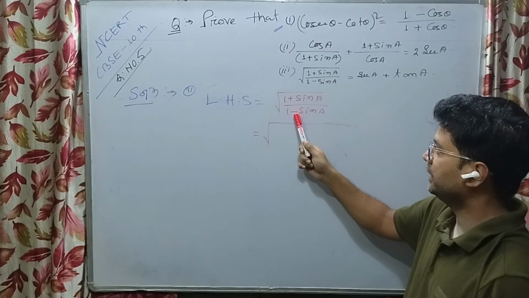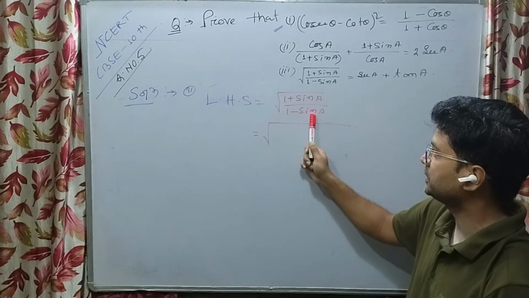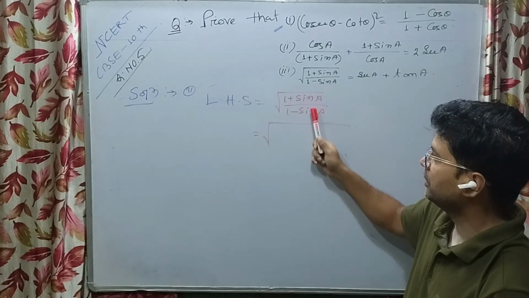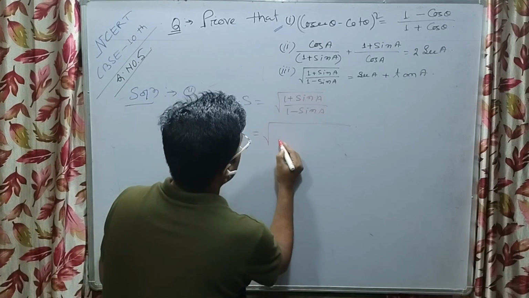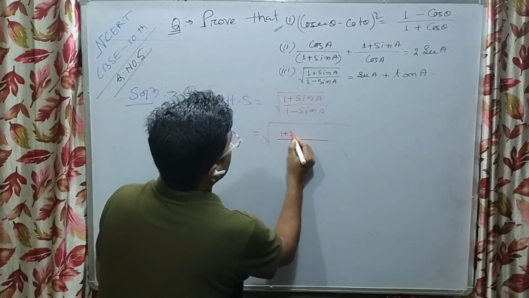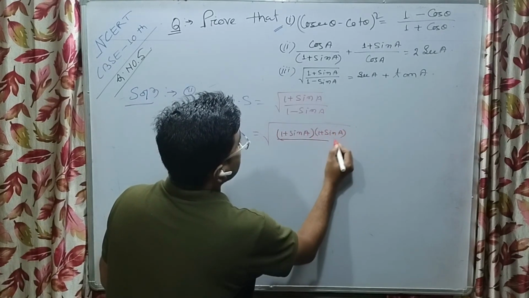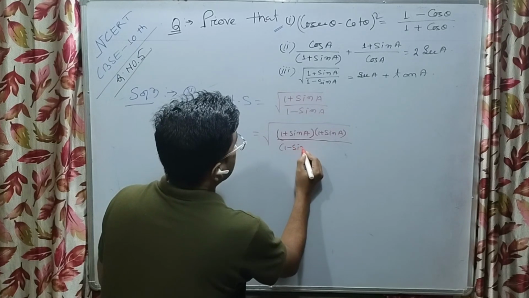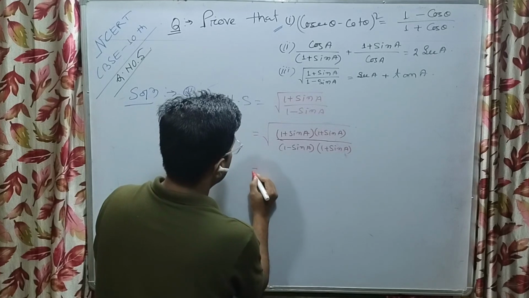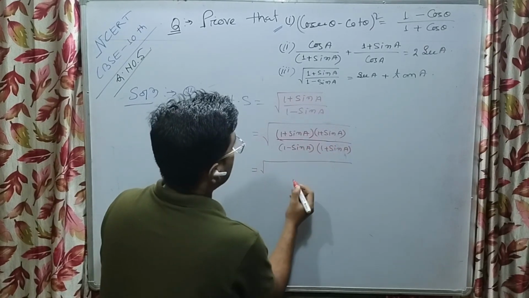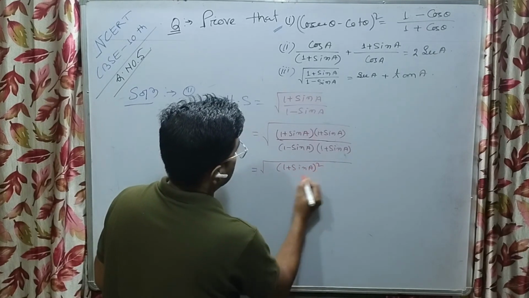Just multiply numerator and denominator by 1 plus sin A. Here is the negative sign; opposite of negative will be positive, then 1 plus sin A. So 1 plus sin A into 1 plus sin A by 1 minus sin A into 1 plus sin A is equal to (1 plus sin A) whole square.